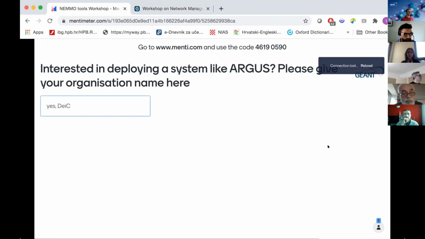Argus is currently, again, as Morten said, being developed as a part of work package 6, but at some point of time we will perform the analysis of the interest of different NRENs. At the moment we know that Uninet is doing this, and SUNET, because SUNET is also using NAV, the tool produced by Uninet. So we are also considering if there are some other NRENs that would like to use Argus.